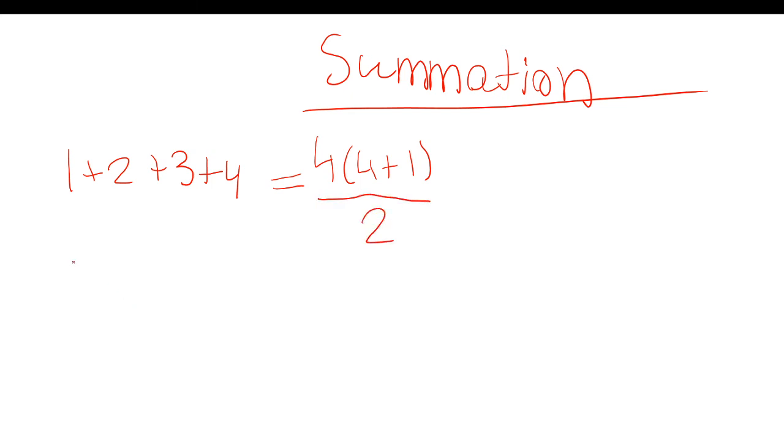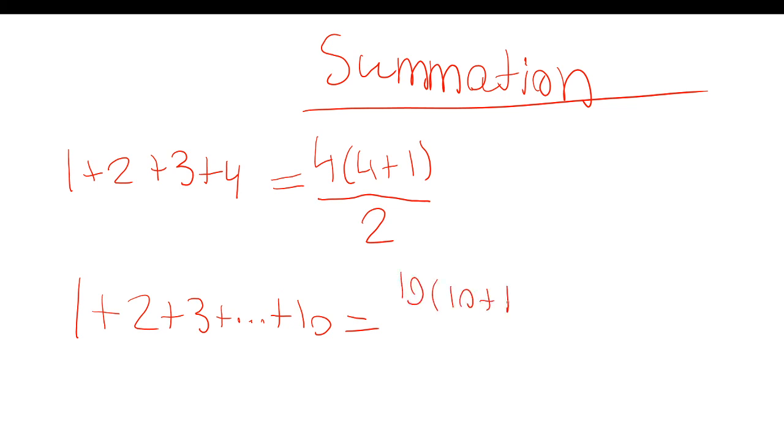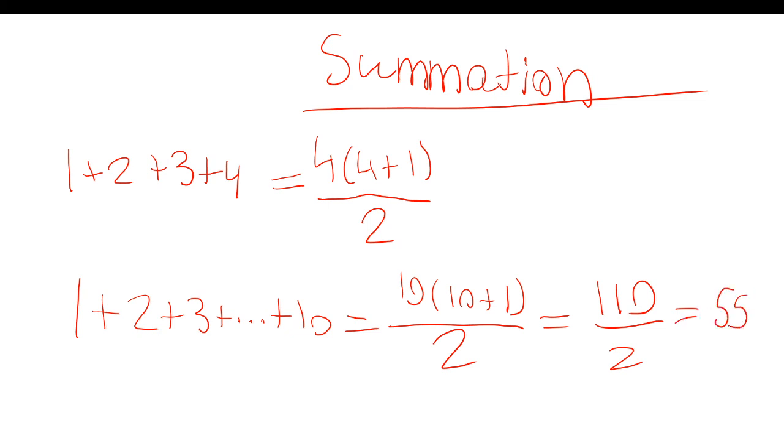Interesting. Let's compute the summation from 1 to 10. And the same way here, we just multiply 10 by 11 and divide by 2. So 10 times 11 is 110, divided by 2 is just 55.